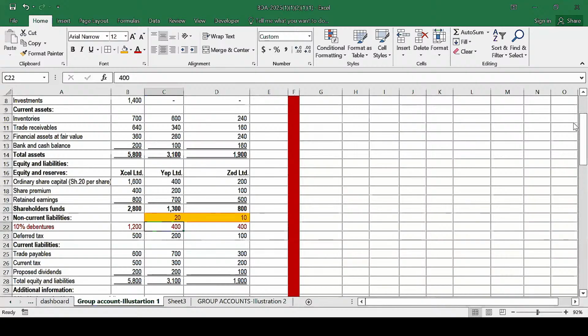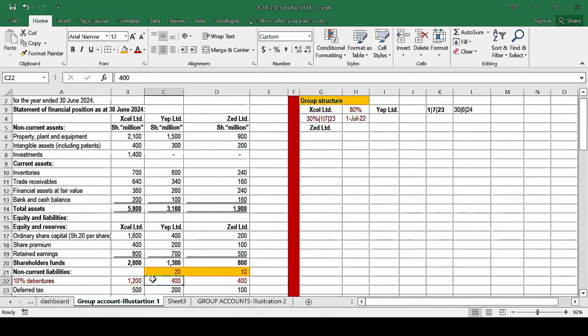because those are debentures issued to the parent. Number 2, it is also important for you to note that once the parent company acquired those debentures, the parent company paid for them. Now, the amount of money which was paid by the parent company, it should be part of this investment. You see, this investment, the examiner will not tell you, but the 200 million which was paid by the parent company in acquiring these debentures, it is part of this.